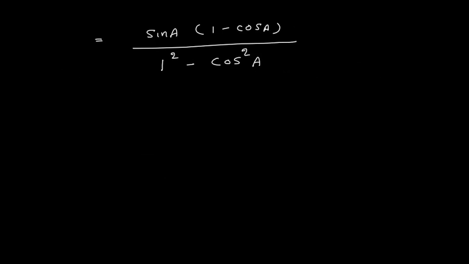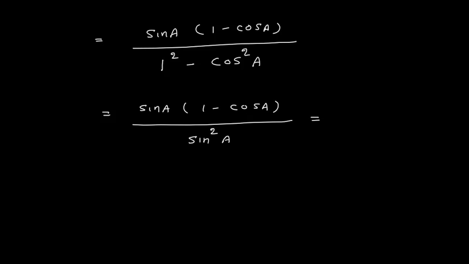So the numerator is sin A into 1 minus cos A, and your denominator 1 minus cos square A is sin square A. So this sin A and this sin A will cancel, and it will be 1 minus cos A upon sin A. Now you separate it.